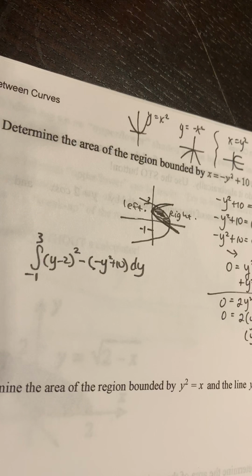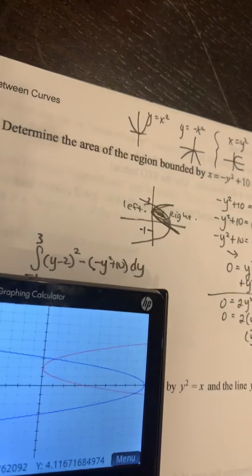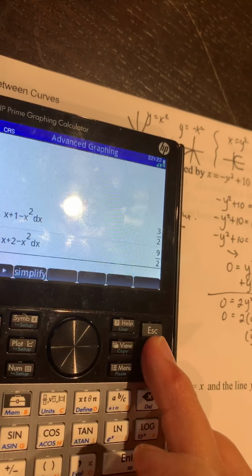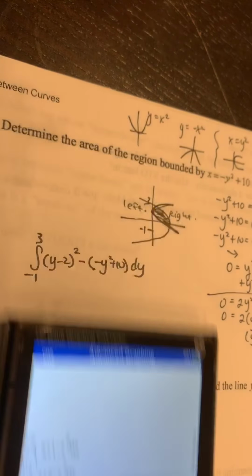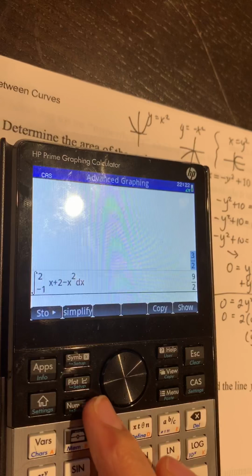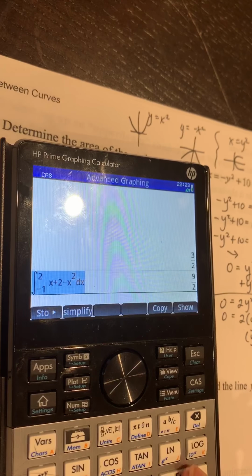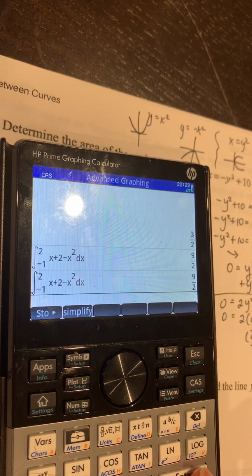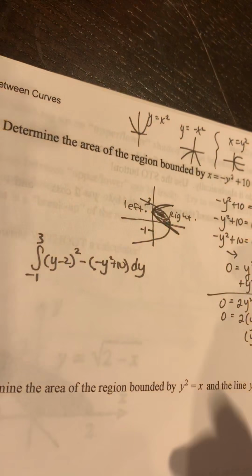Okay, y is negative 1, y is 3, all y values, dy. So when you put this in your calculator, I will put this in my CAS side. Okay, so I did put it in. I had initially typed it in wrong, and then I have enter. Oh, 9/2, right.